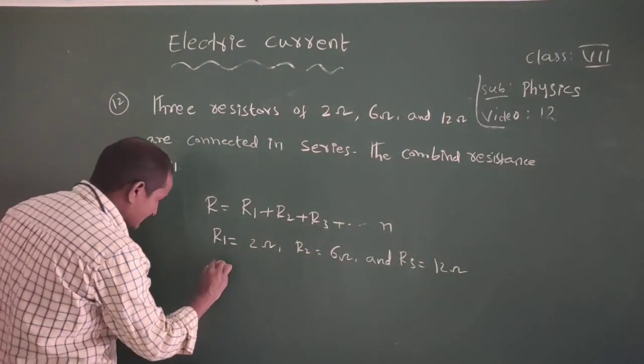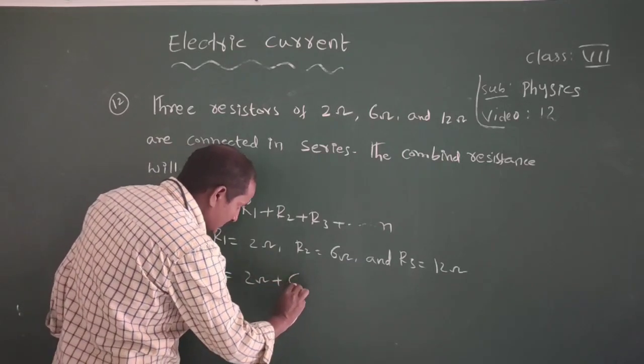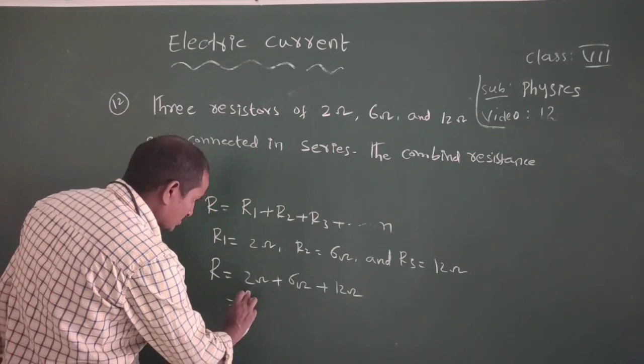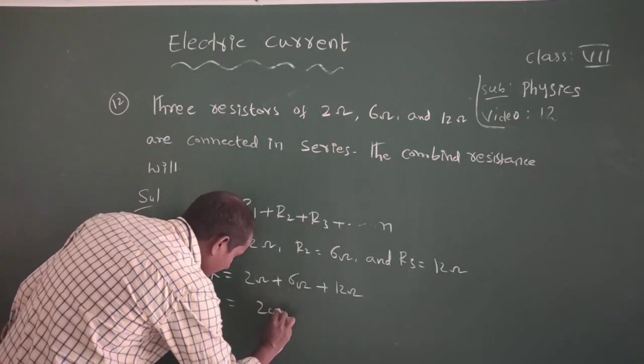Therefore, R equal to 2 ohms plus 6 ohms plus 12 ohms. That equal to 2 plus 6, 8. 8 plus 12, 20 ohms.